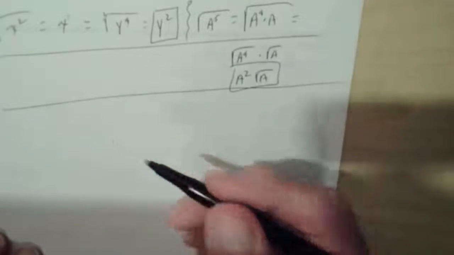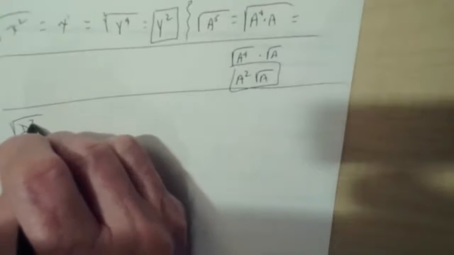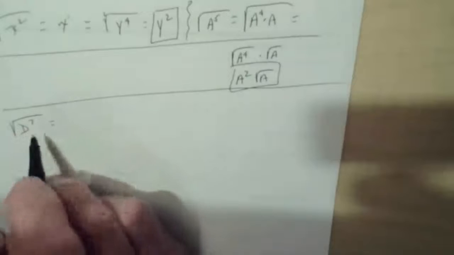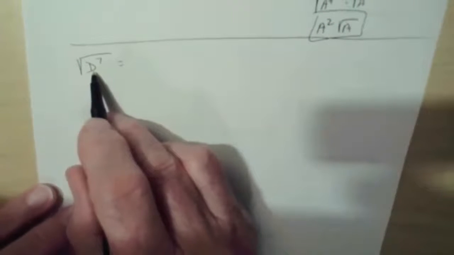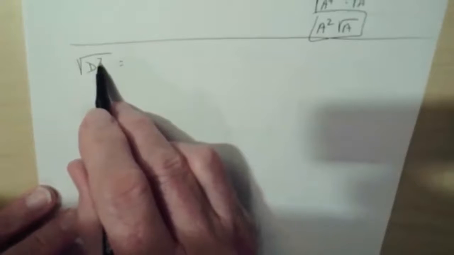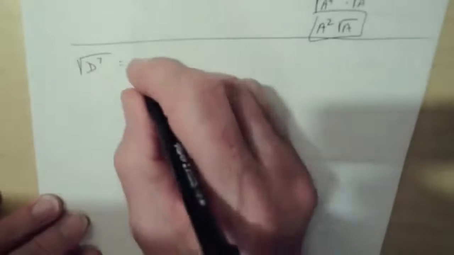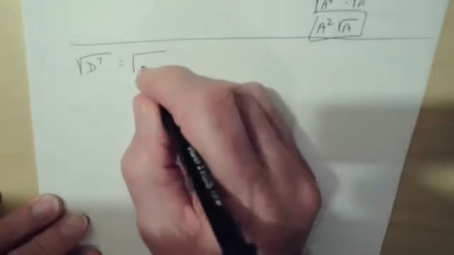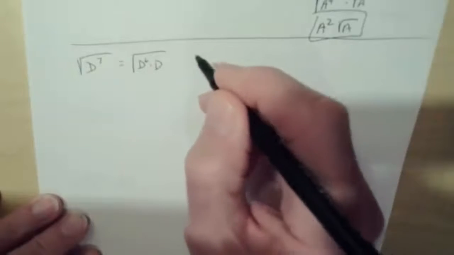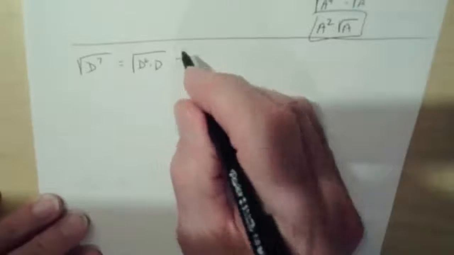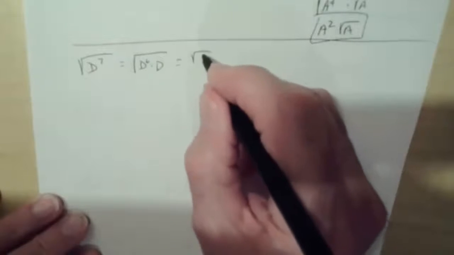Okay. Now what about square root of d to the 7th power? Again, we need to factor d to the 7th into an exponent that needs to be an even number. So this is going to be the square root of d to the 6th times d.